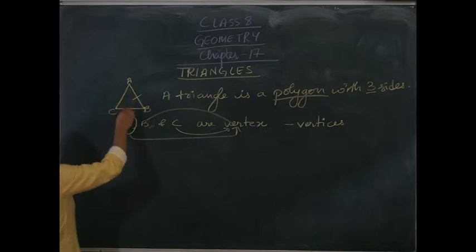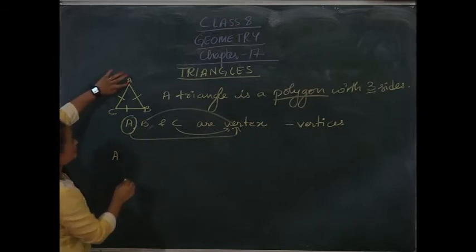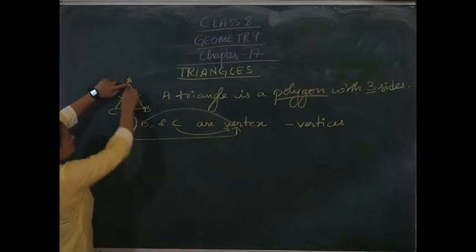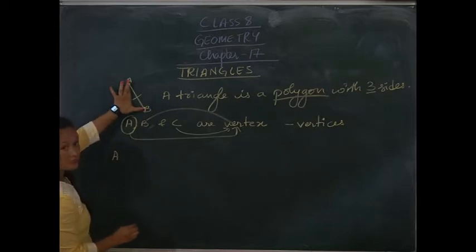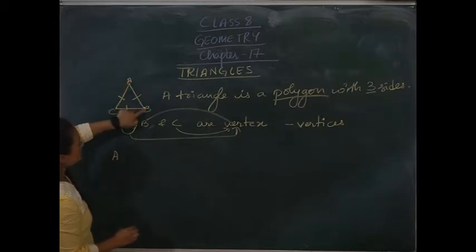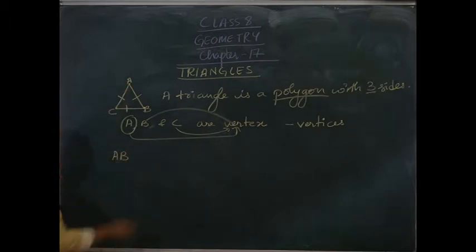Now how do we name the sides? With the points. What point do we have here? A, and this is your point B. So point A and point B make the side AB.